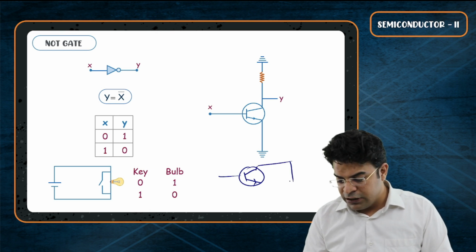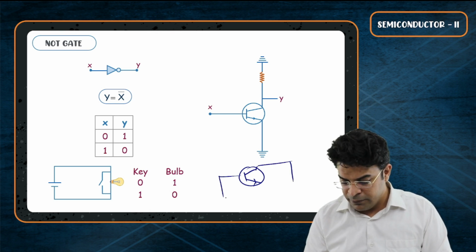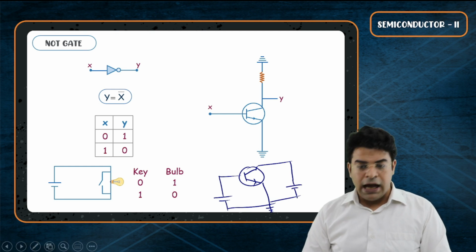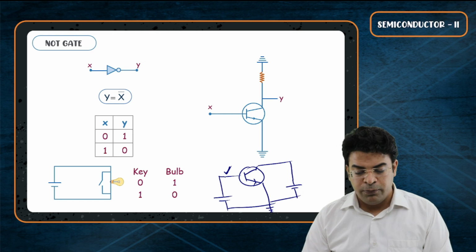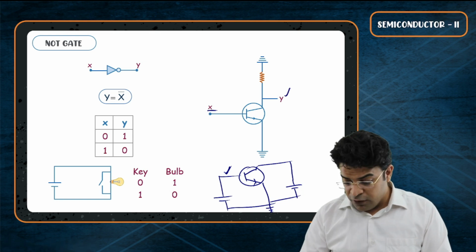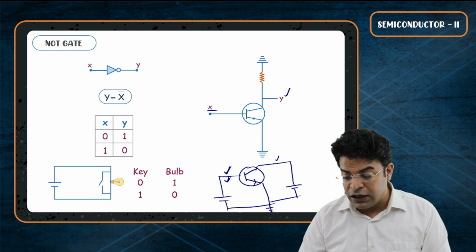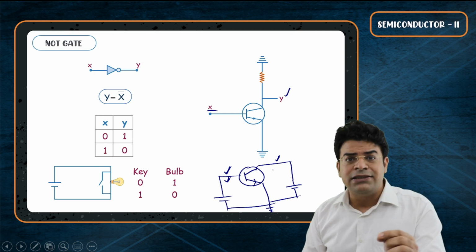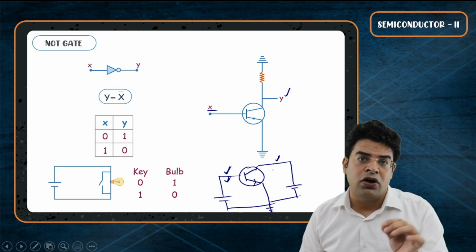I placed here a battery and one battery here, and then we grounded this emitter part. I said that for low value of input, you get high output, and for high value of input you get low output. That is the meaning of transistor working as a switch. That is the meaning of transistor working as NOT gate.